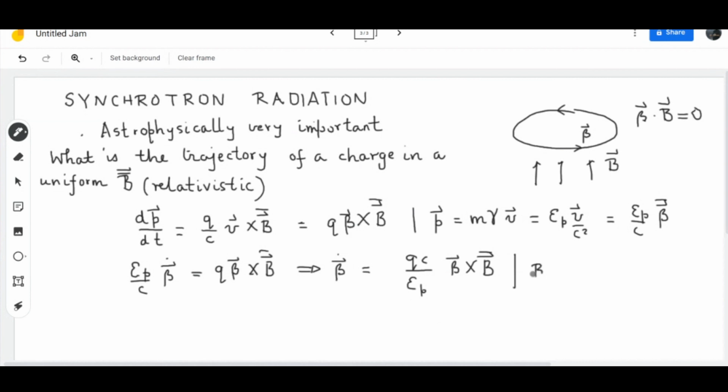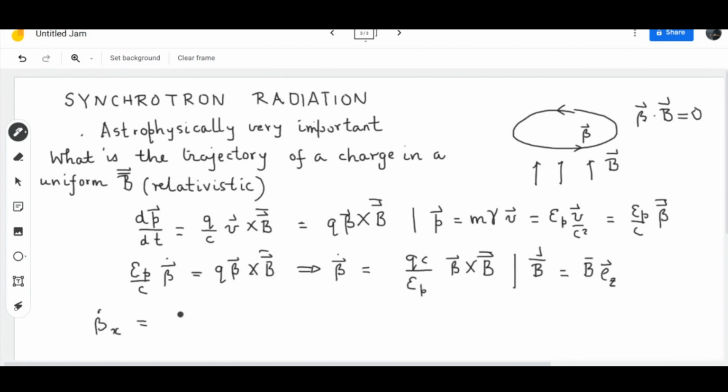So if B bar is equal to, let's say, some B bar magnitude times e_z, so the Z direction is in the upward direction in the picture, then we can get from here beta dot x, for instance.